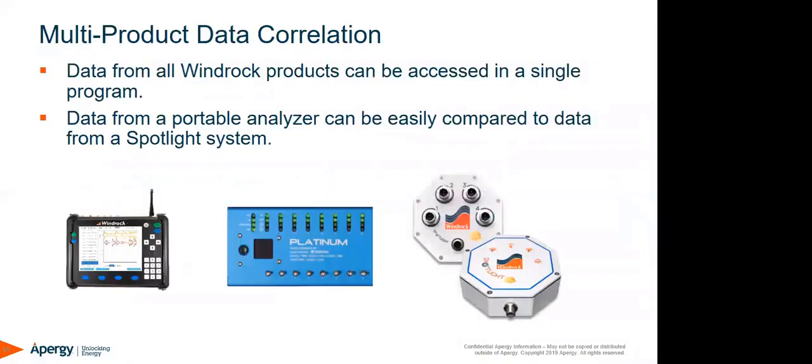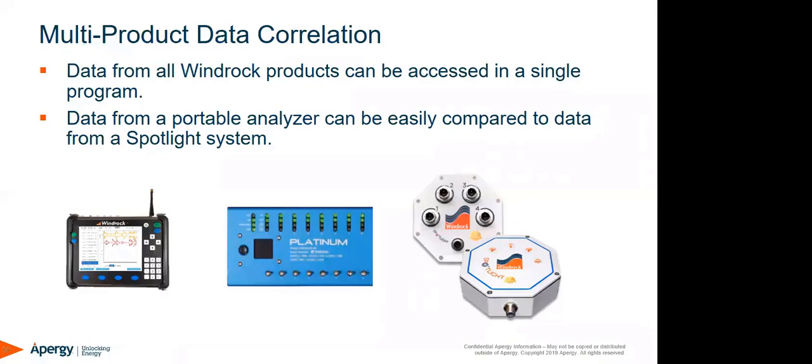So now we'll move into some of the benefits and value that you get from using this Windrock Enterprise dashboard. First one here is, we're working to get data from all of our products into one dashboard. Where we're at right now on our journey is we've got Spotlight data for compressor, high-speed engines, and Engine Data Link. All that data is going into Windrock Enterprise.